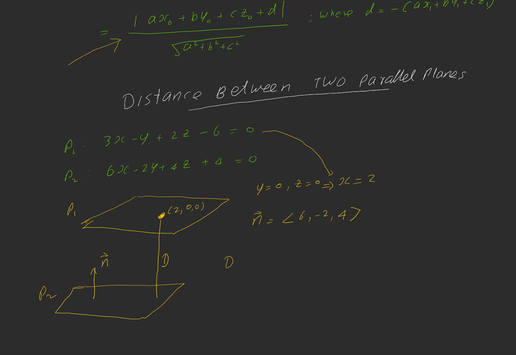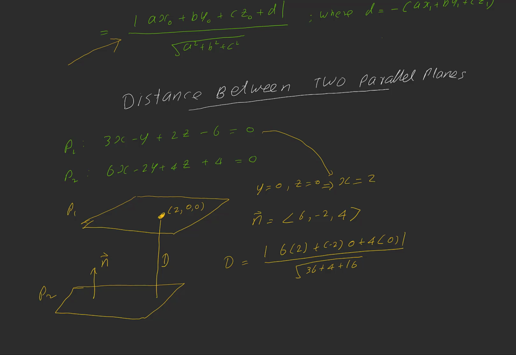Therefore I can say D equals the magnitude of A, which is 6, times x naught, which is 2, plus -2, y naught is 0, plus 4, z naught is 0, divided by the square root of 36 plus 4 plus 16, right?